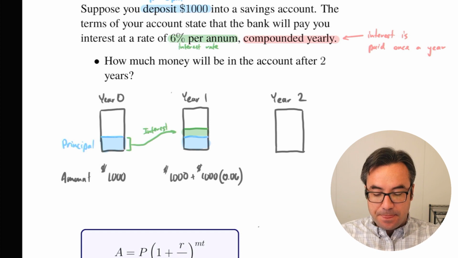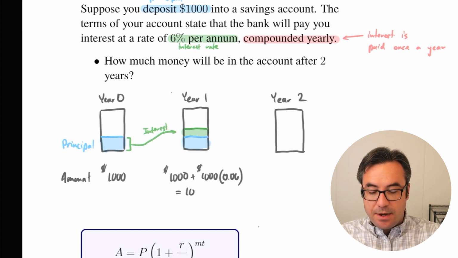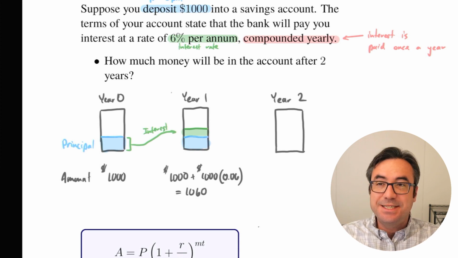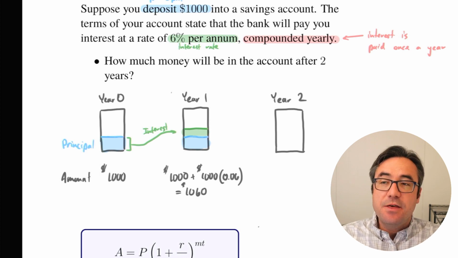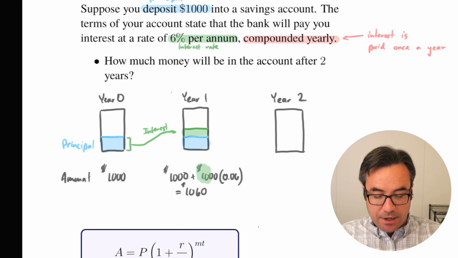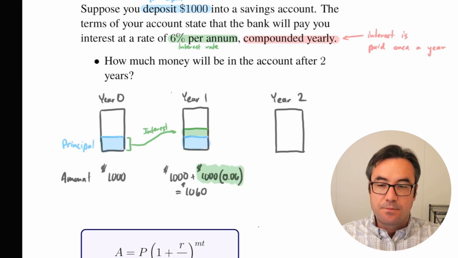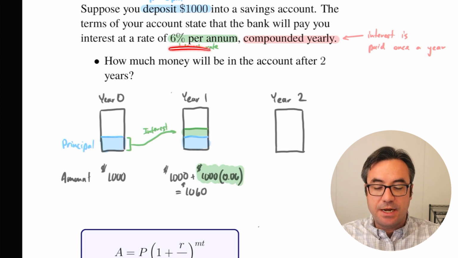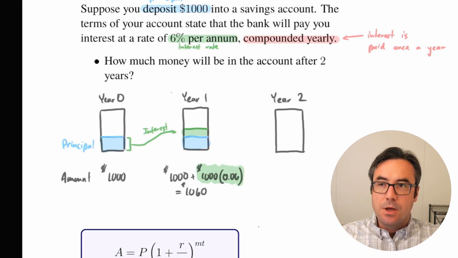And so if we do the calculation here, we end up with 1,060. So that additional $60 that we earned, that was the interest that the bank paid us. So the interest here really comes from this 1,000 times our annual percentage rate. Okay, so that's year 1.